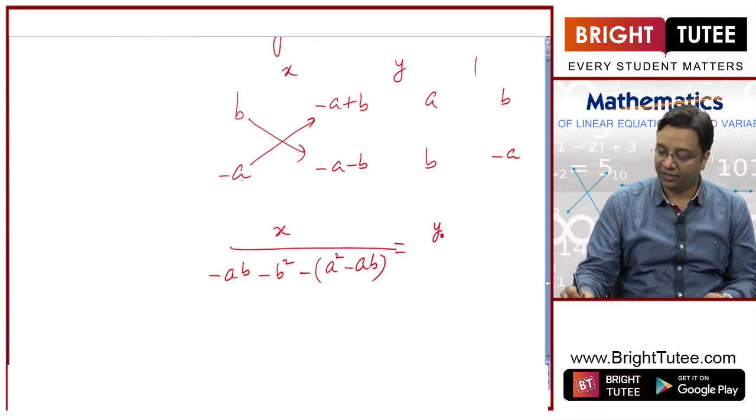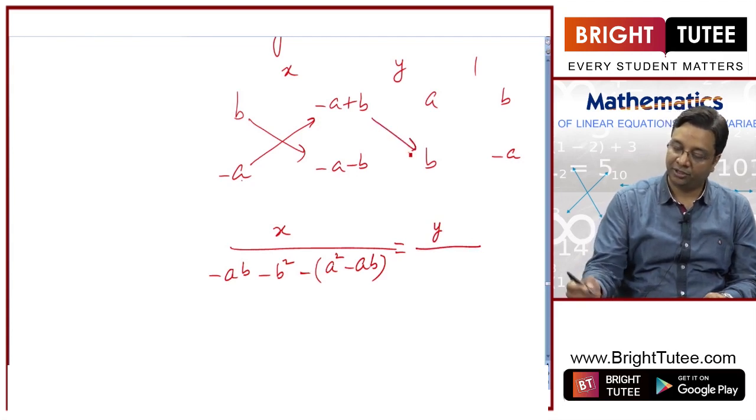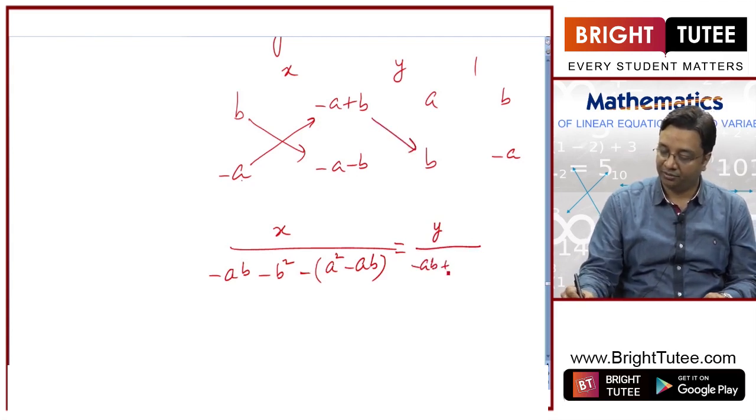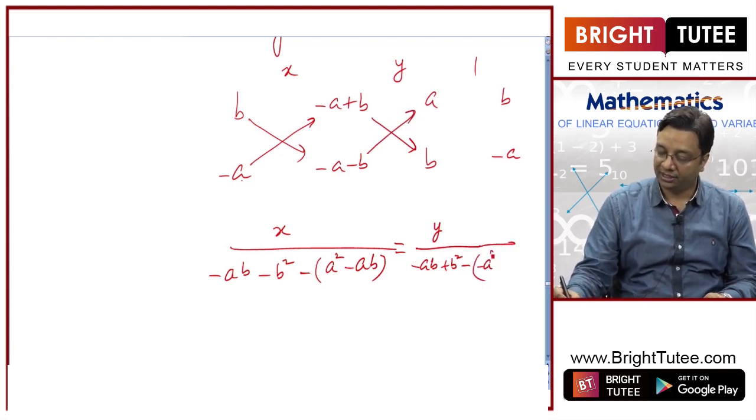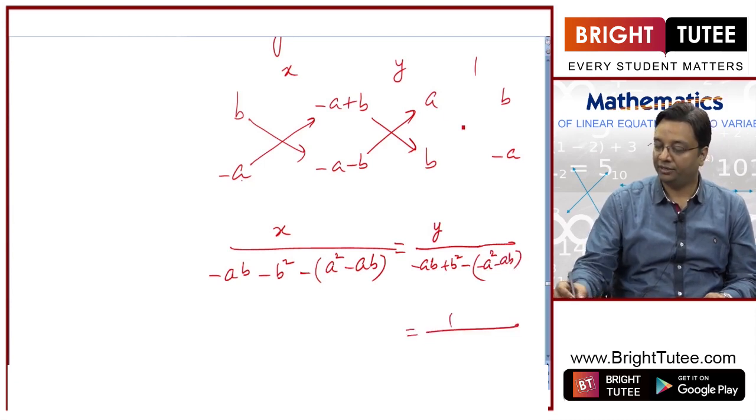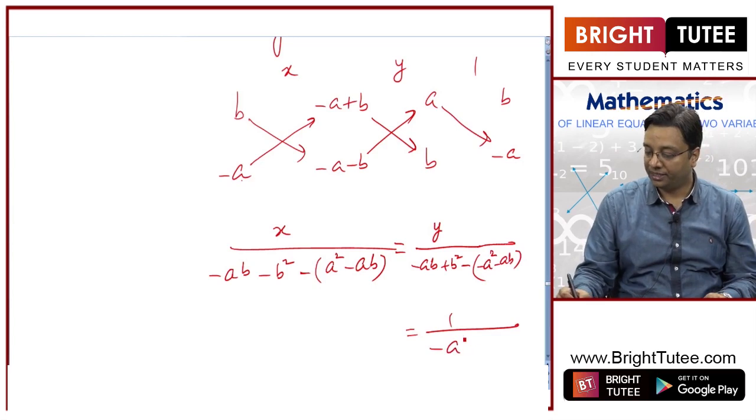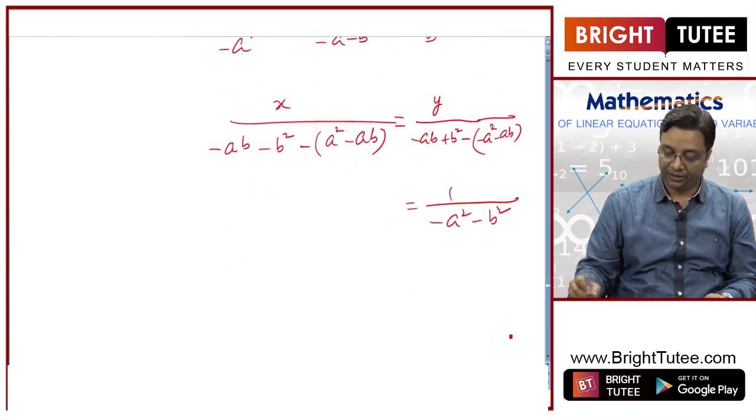It is equal to y divided by this product which is minus ab plus b square, and then you need to subtract product of these which is minus a square minus ab, and it is equal to 1 divided by minus a square minus b square, right.